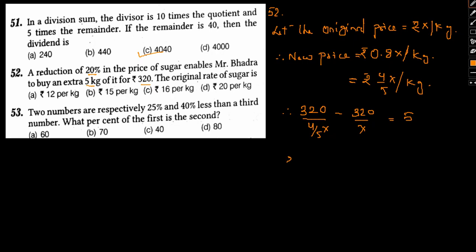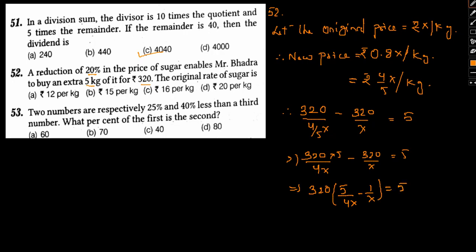So this can be written as 320 by 4 into 5x minus 320 by x equal to 5. Let's take 320 common. So therefore what we have is 5 by 4x minus 1 by x equals 5 by 320, or 20 into, say we take 4x, 5 minus 4, equal to 5.